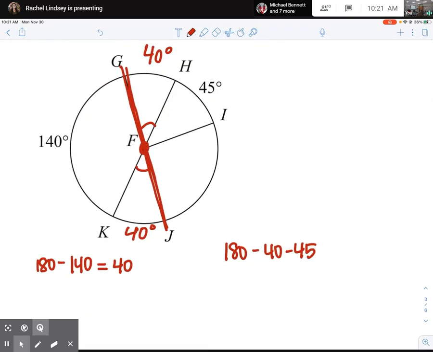So what does IJ equal? What's 180 minus 40 minus 45? 180 minus 85. What, 105? It's 95.